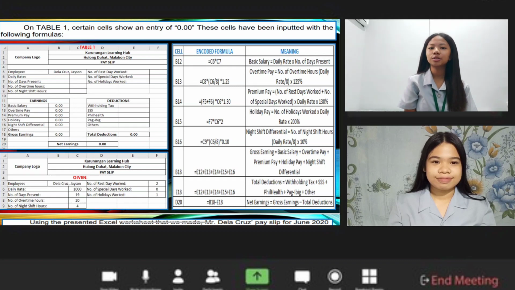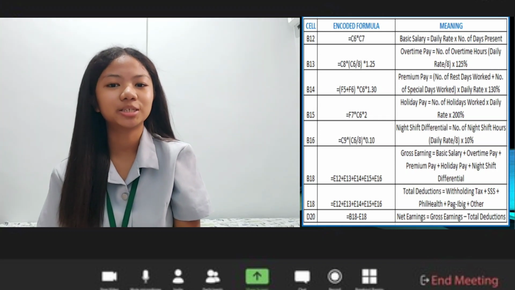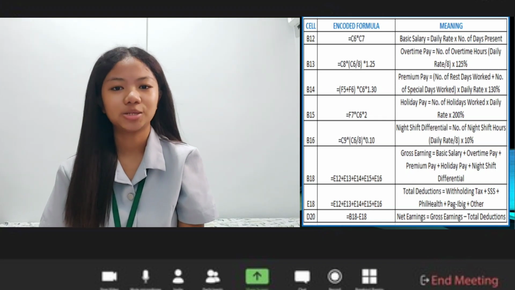So for us to determine his basic salary, overtime pay, premium pay, and so on, we can use these formulas if we are using Microsoft Excel. To compute his basic salary, we need to multiply the daily rate and the number of days present.